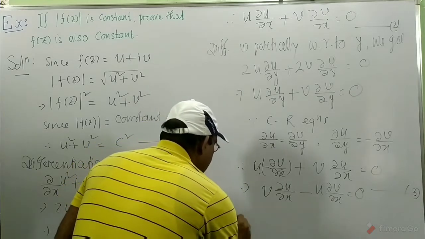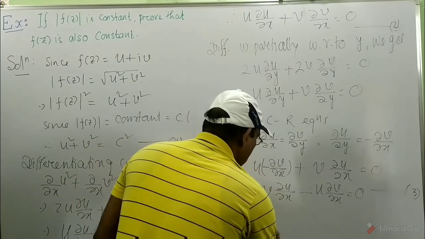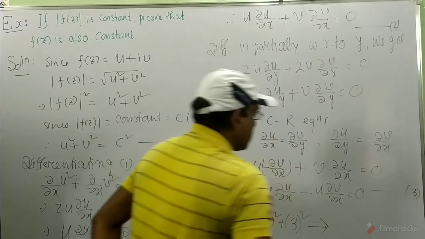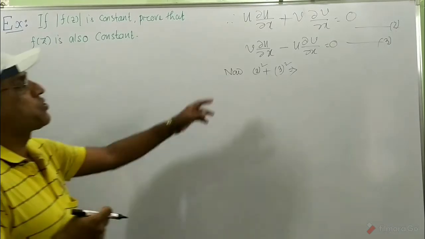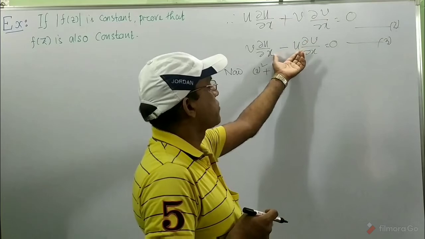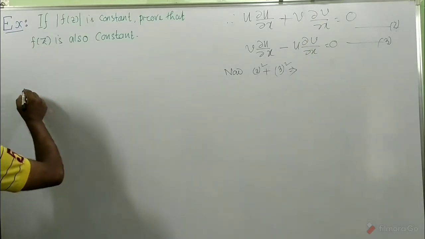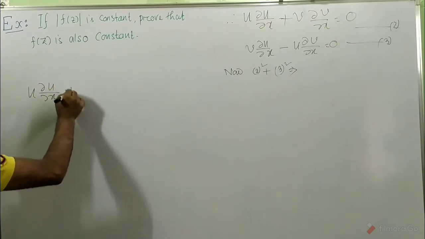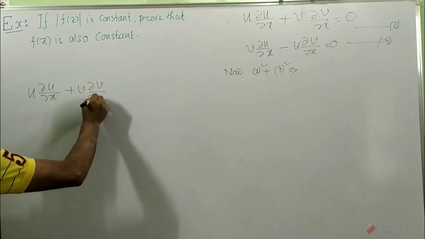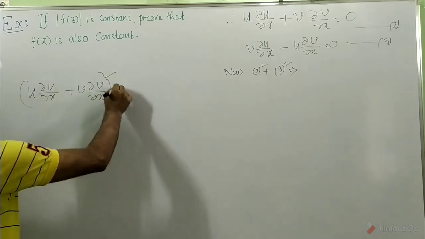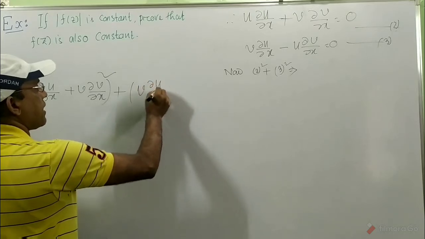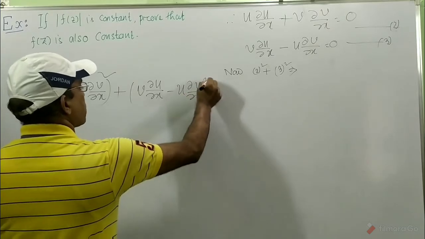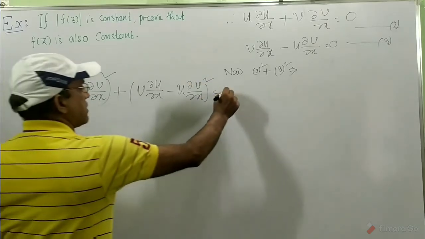Now we square equations 2 and 3 and add them. We get (u del u by del x plus v del v by del x) whole square plus (v del u by del x minus u del v by del x) whole square equal to 0.